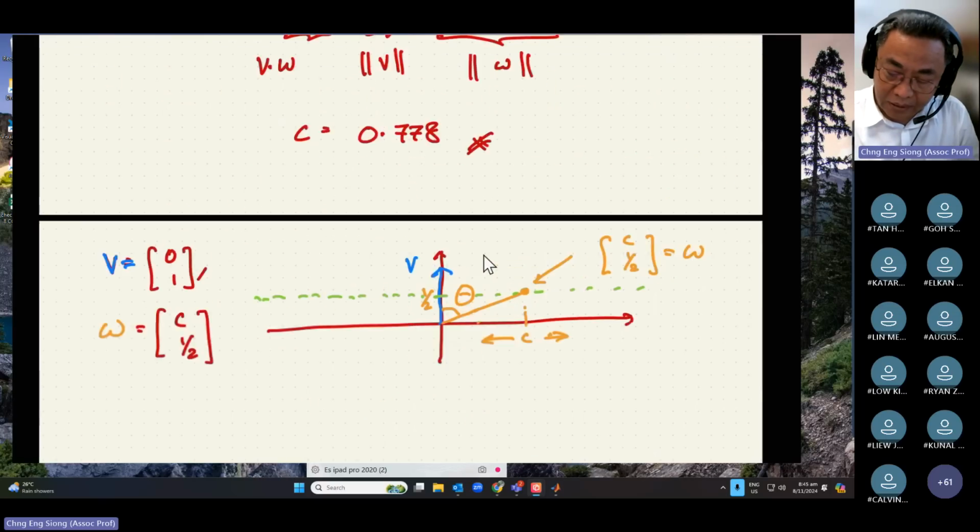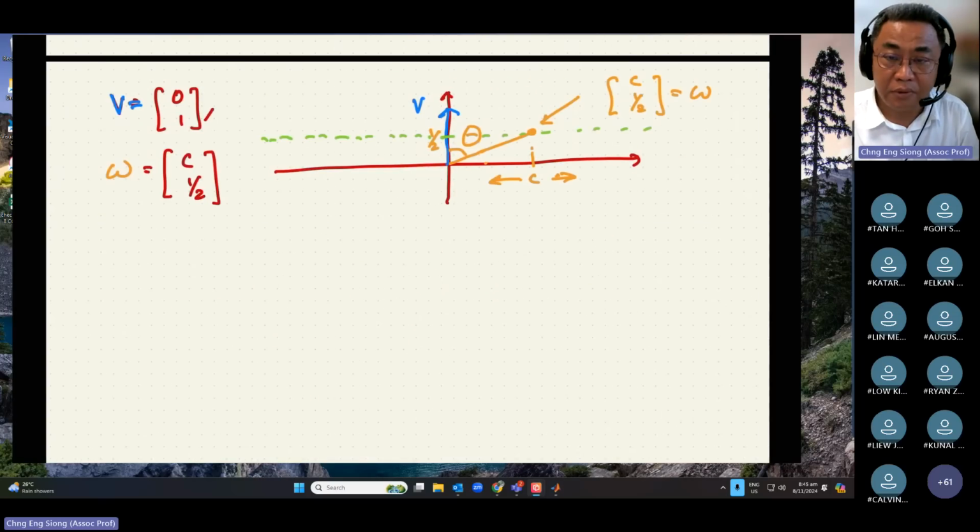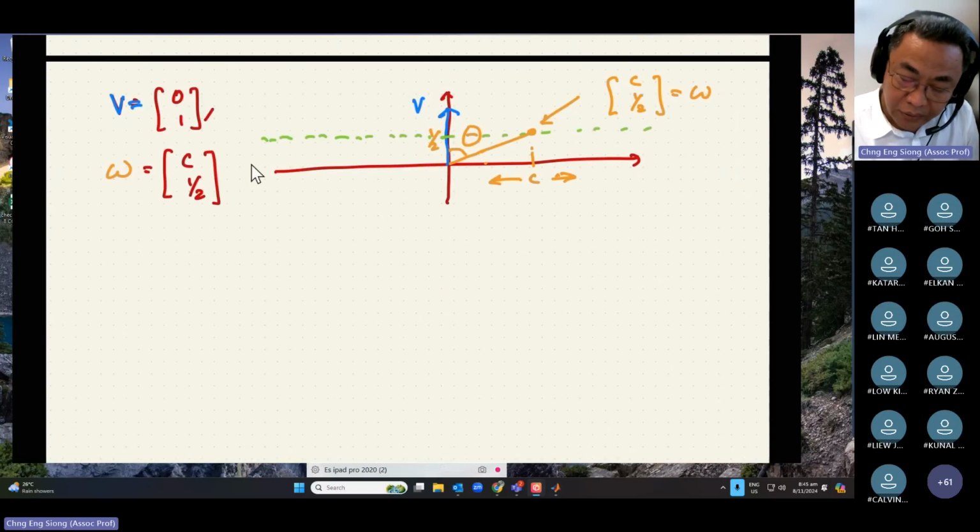Right. So what kind of tricky questions are possible in this case?